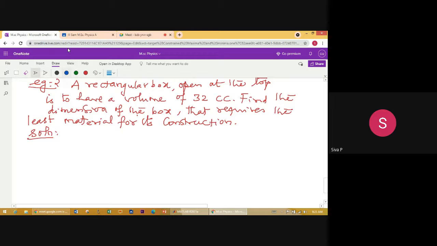First I draw the coordinate system, with x, y, z as the axes. Then you can draw the diagram for this rectangular box.